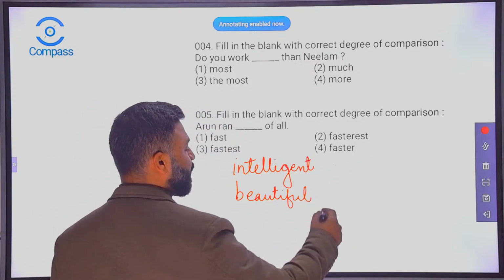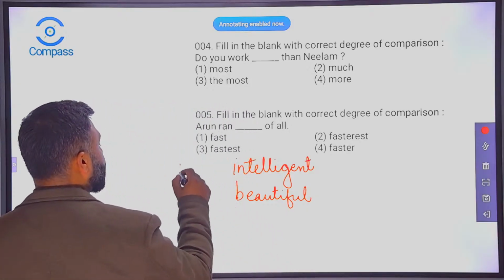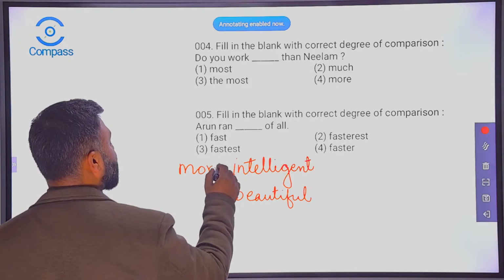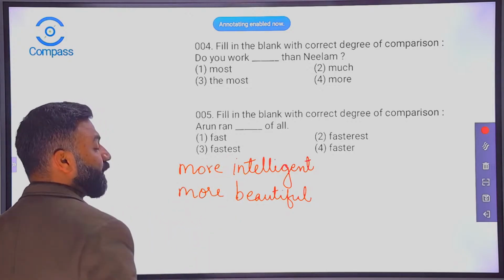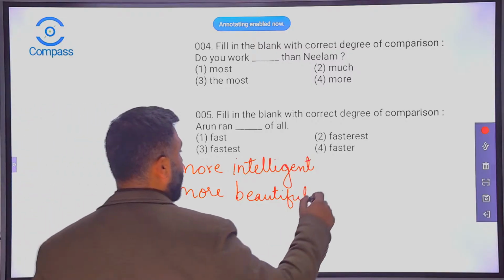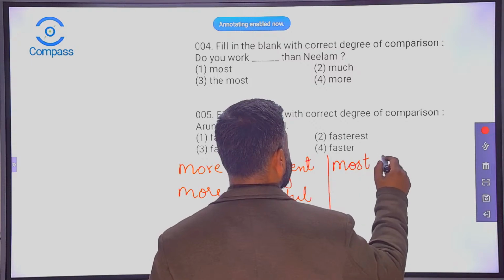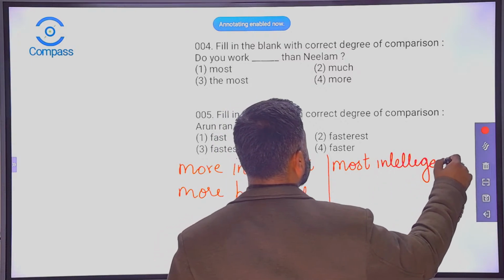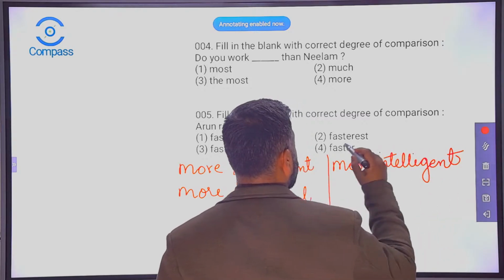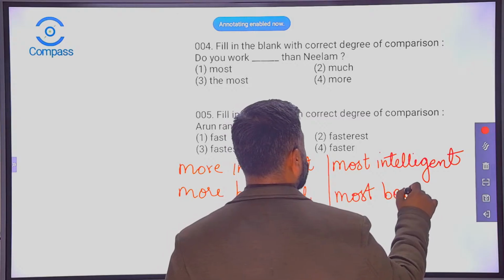We cannot add est to it. So we write down more intelligent and then more beautiful in the comparative form. And then in the superlative you write down most intelligent, right? Okay. And then here also most beautiful. That's what you write.